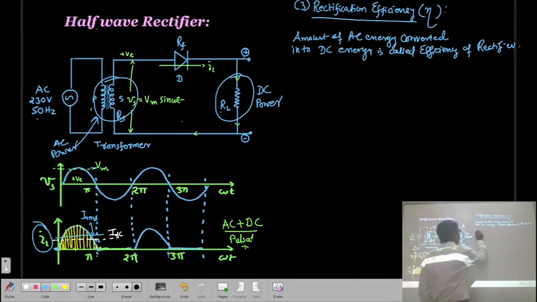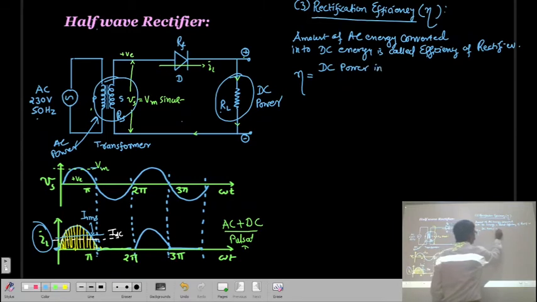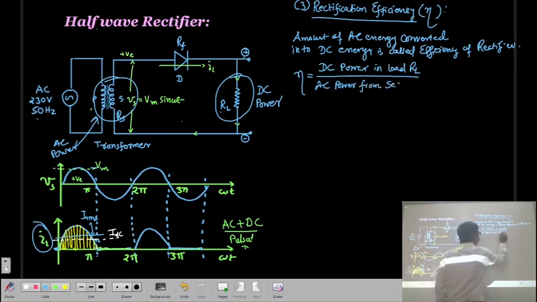So we can define efficiency, eta, as the ratio of DC power to AC power. DC power means the power we obtain in the load resistance RL, divided by the AC power from the secondary of the transformer.